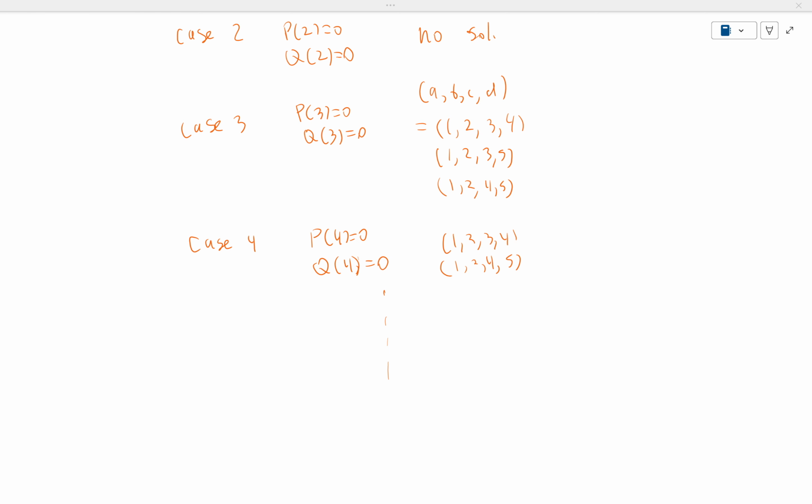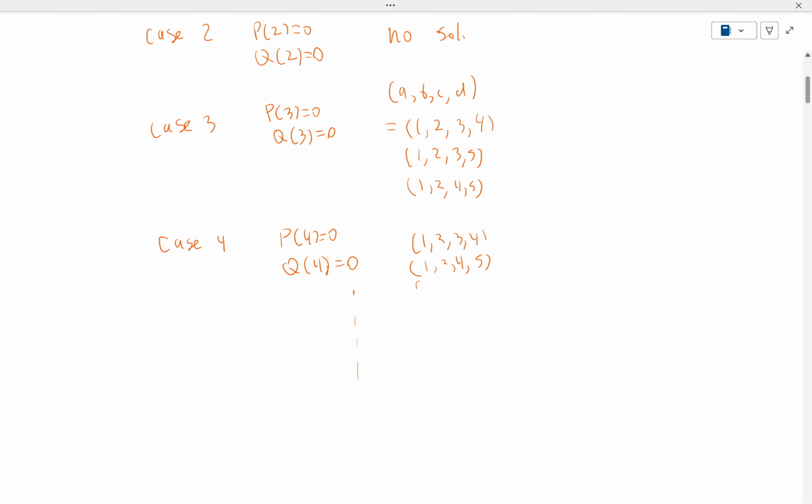You can basically just continue doing this casework, and I'll just list out the solutions for case 5. Oh, here there's also 1, 3, 4, 5.